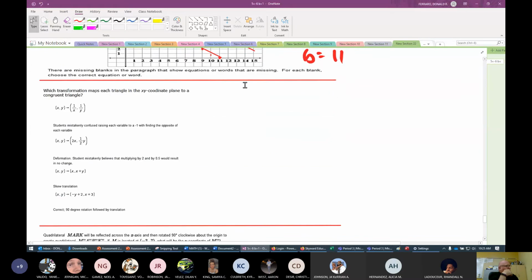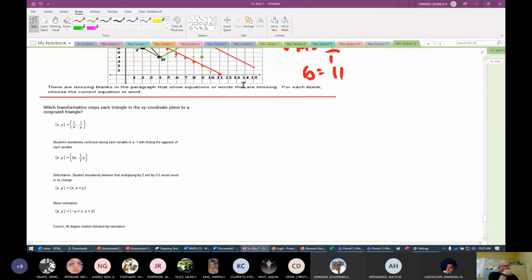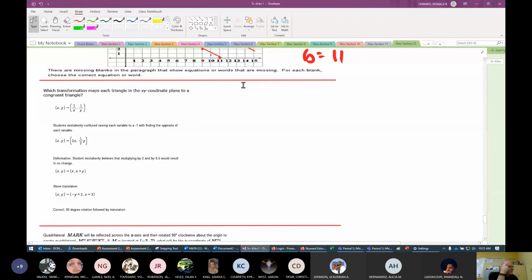Okay, so the next one is actually pretty easy. This one right here. The transformation that maps each triangle in the XY coordinate plane to a congruent triangle. So again, when they tell us congruent, we know that that's going to be a rigid transformation.